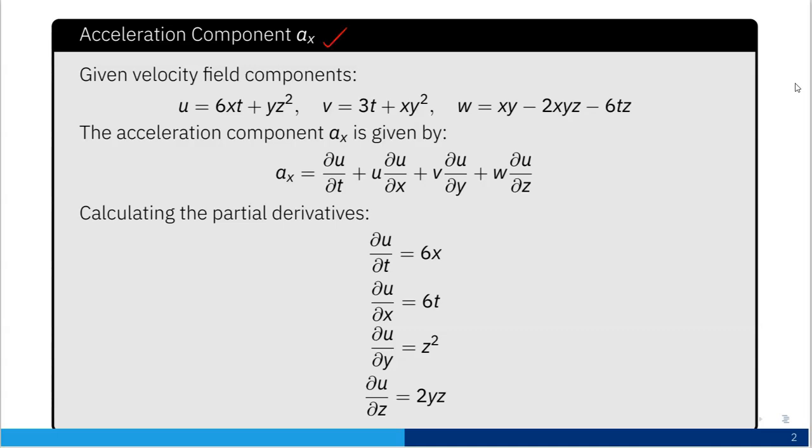Here we already know the given velocity field components: u is 6xt plus yz², v is equal to 3t plus xy², and w is equal to xy minus 2xyz minus 6tz.